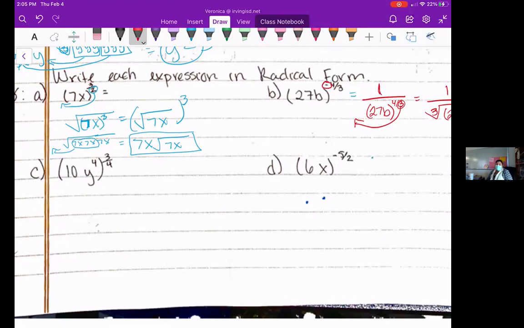Okay, so which number is going to go on the outside, the 3 or the 4? Brian, thank you. 4. So we would have the 4th root of all of this, 10y to the power of 4 to the power of 3.